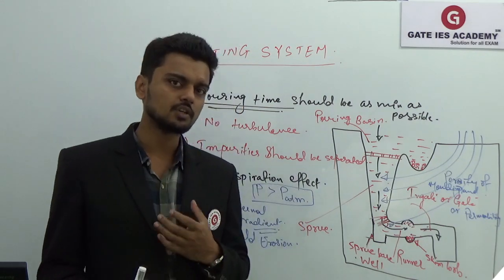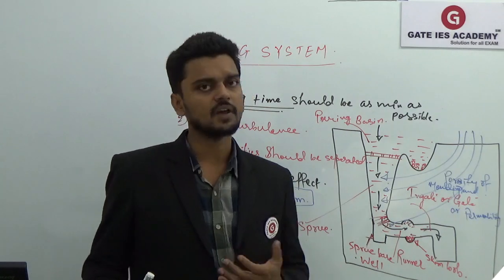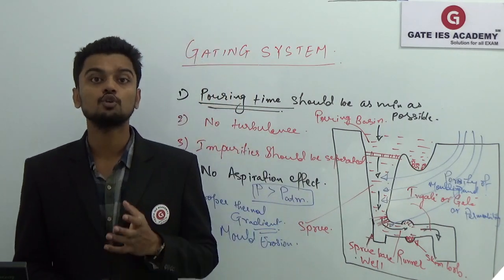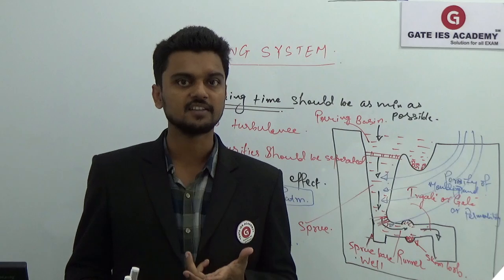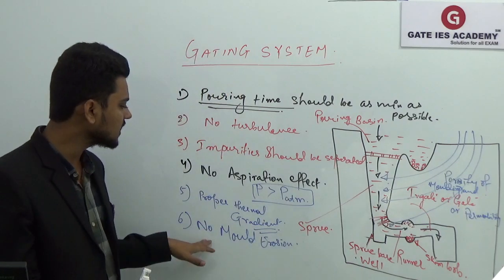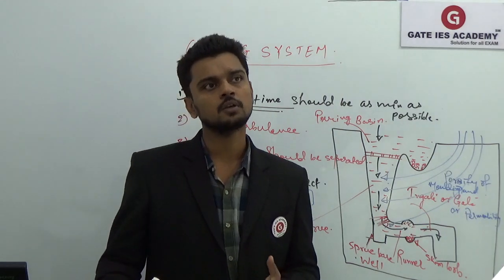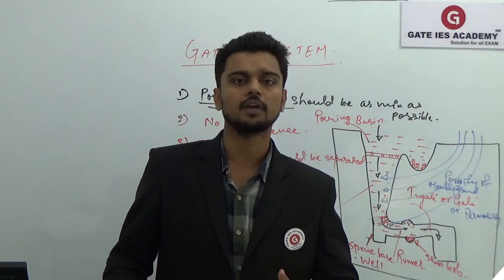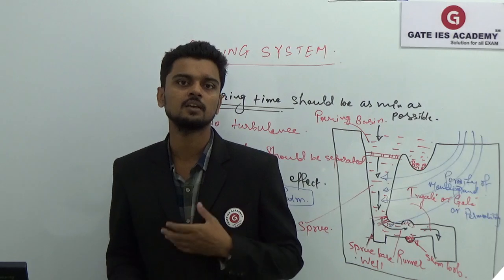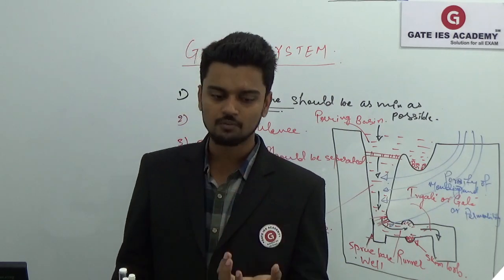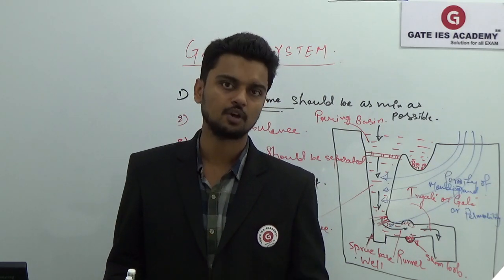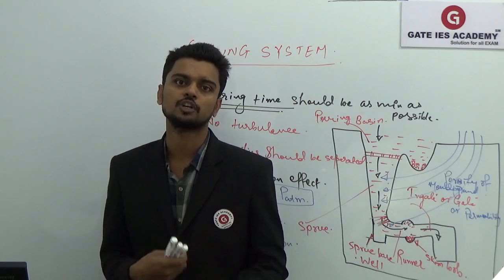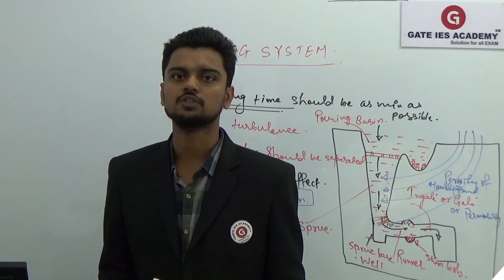Because if the velocity is very high, it will cause erosion of the sand inside the gating system. There should not be any erosion of the sand, because once the sand is eroded, during solidification your casting will contain the sand. Your casting will have a defect because of the sand mixed with the molten metal. So there should not be any sand erosion.